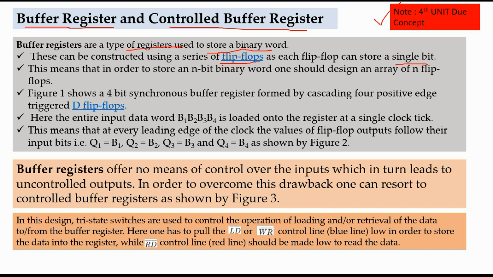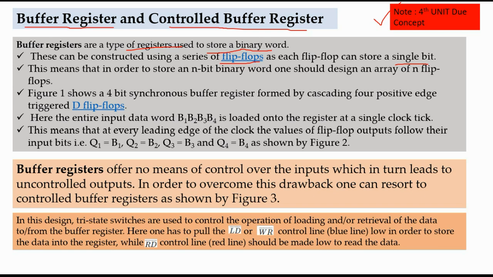Why? Because I have told you many times, you get two outputs in flip-flops, one is the actual output and another is the complementary output. So the flip-flop has the capability to store a single bit. Here we are constructing registers with a series connection of flip-flops.